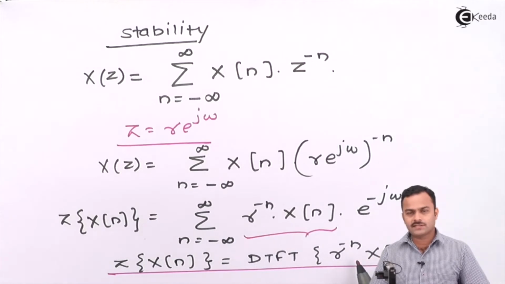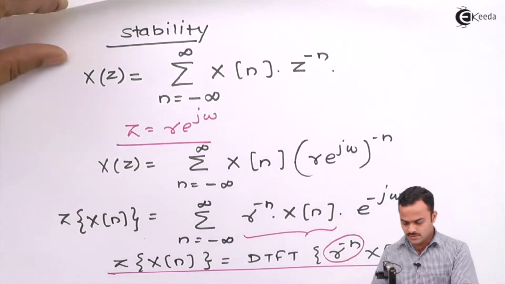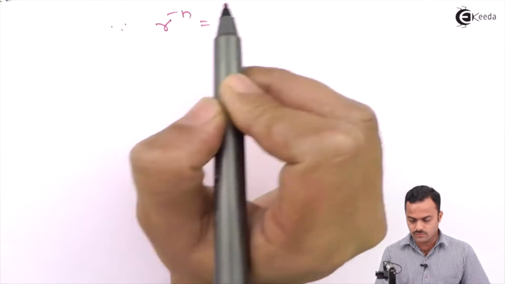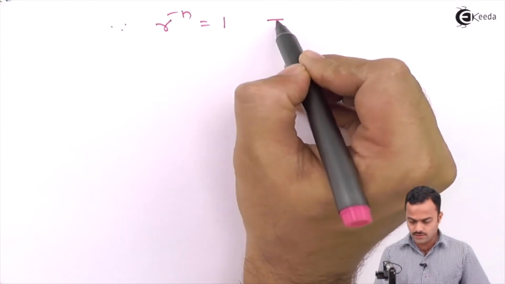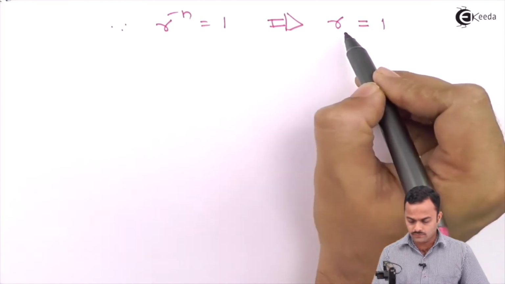Now suppose I want a signal to have a Z transform as well as a Fourier transform, then the response that I am getting must be summable. I can say the system will be stable. And for that to happen, I want these two to be equal. I should have this equal to 1. Since I want r raised to minus n equal to 1, which is possible only if I have r equal to 1.